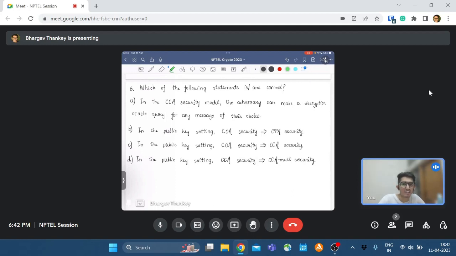Because if the adversary could make a decryption oracle query for C star, then when it gets the answer, it would know whether M1 was decrypted or M2 was decrypted. So it could always win the security experiment with probability 1 and the experiment would be meaningless. It would be meaningless to define CCA security using that experiment.